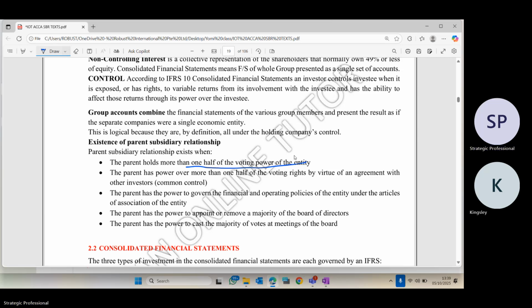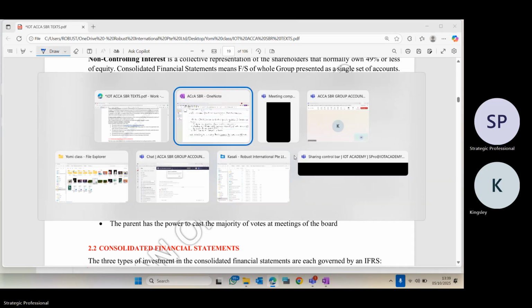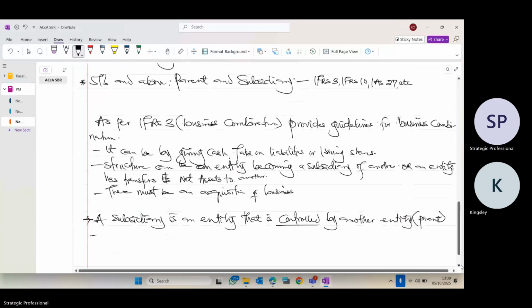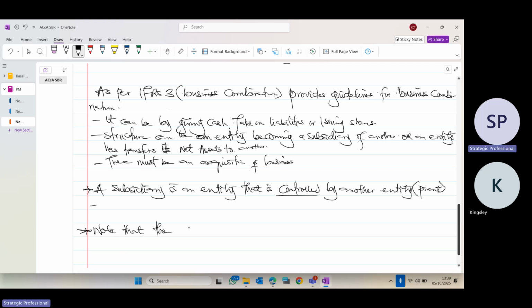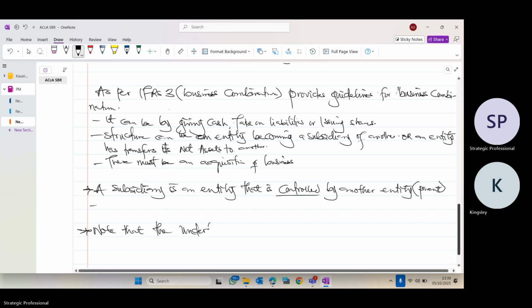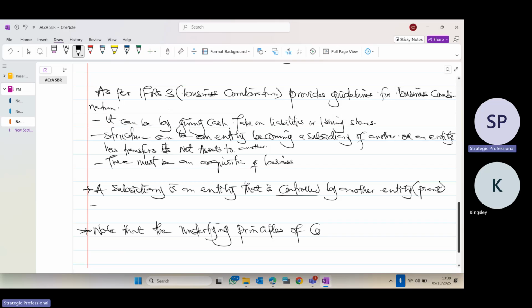Then note that the underlying principles of consolidation are what?